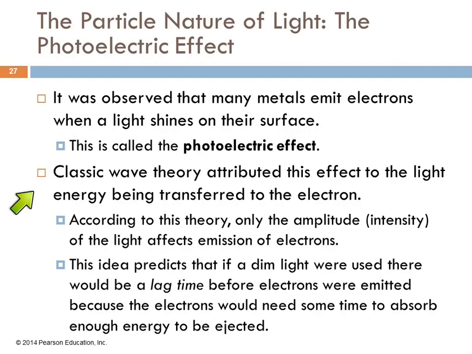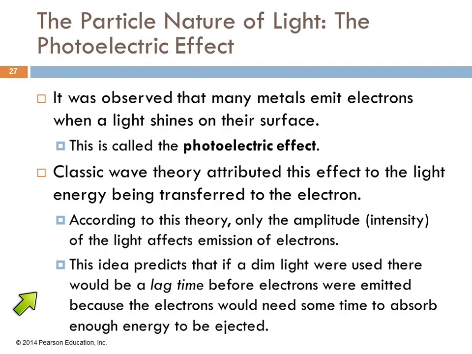And classic wave theory would say that the light energy is being transferred to the electrons. Using classic wave theory, we would say that only the amplitude, the intensity of the light should affect the emission of the electrons. Meaning, if you shine really bright light on the metal, you should get more electrons out. And if you shine really dim light, you should get fewer out.